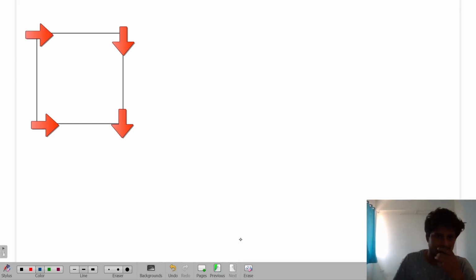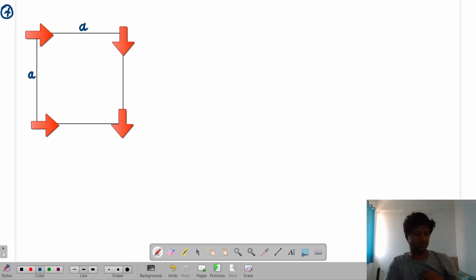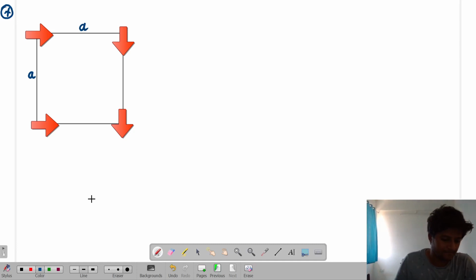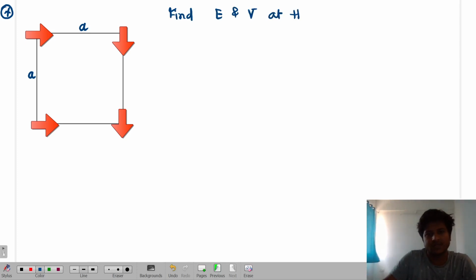Got it? It means it's like opposite; it is not circular. Got it or not? And the length of the square is A. Is that clear? So the question is to find E and V, meaning electric field and potential, at the center of the square.